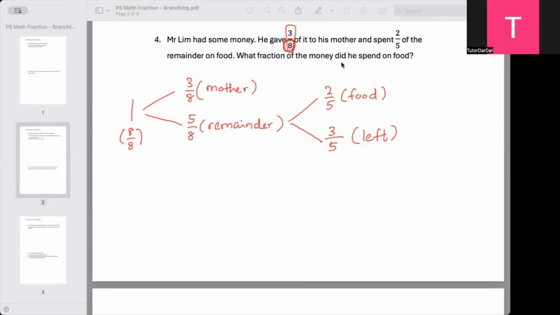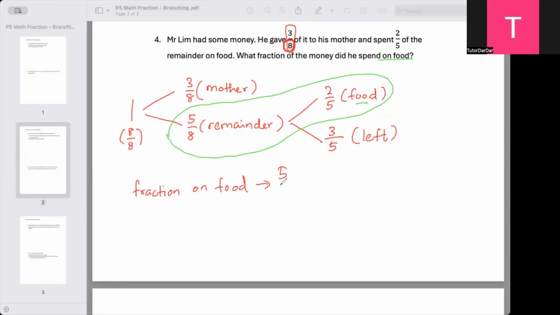What fraction of the money did he spend on food? Food is here. Where is the parent branch? Which is 5/8 here. So the parent branch multiplies with this child branch together. So what will we get? So the fraction on food is going to be 5/8 multiplied by 2/5.